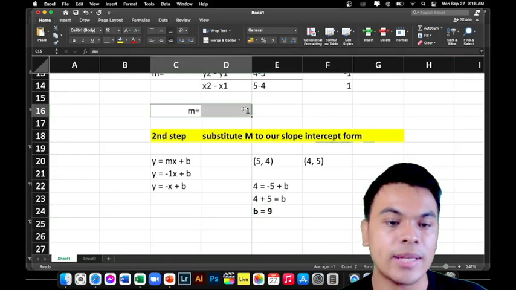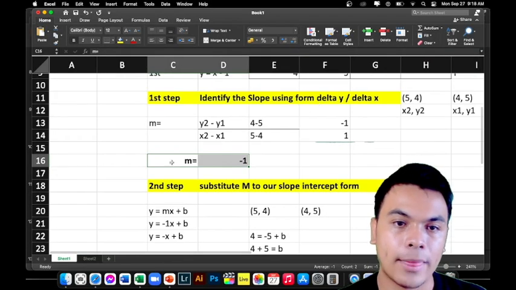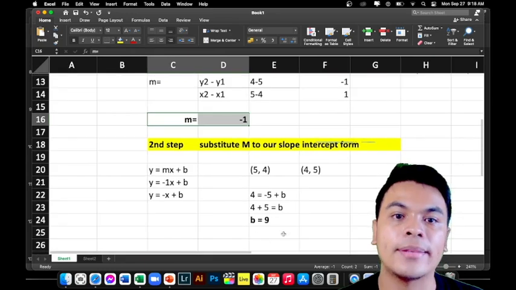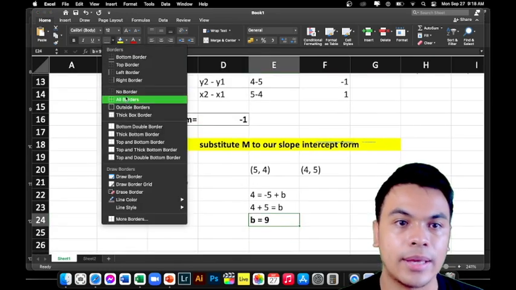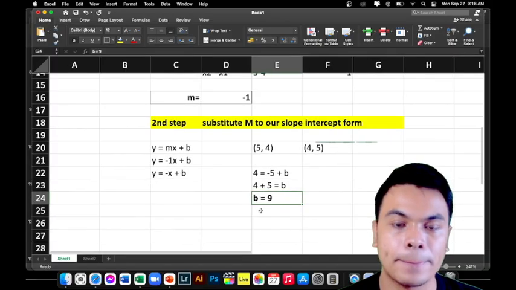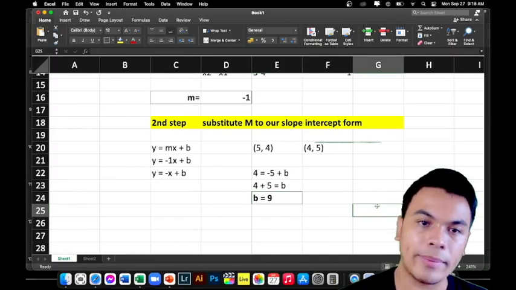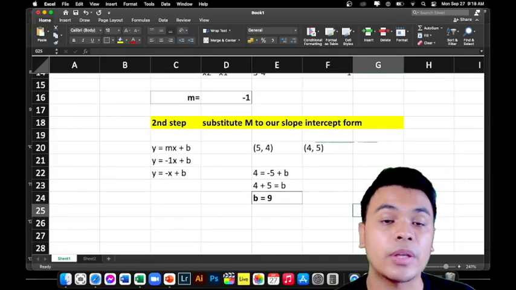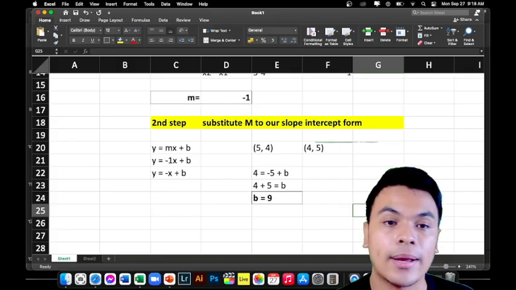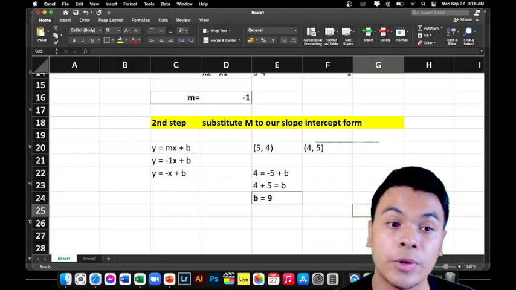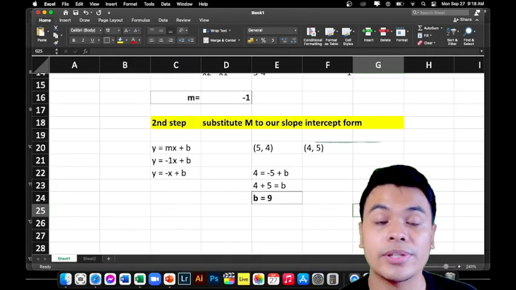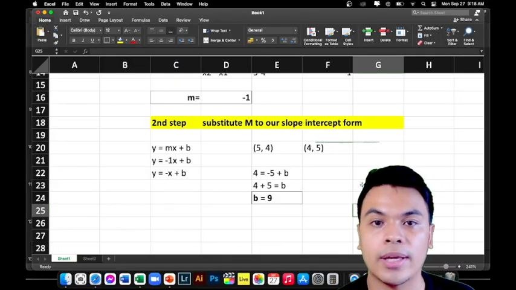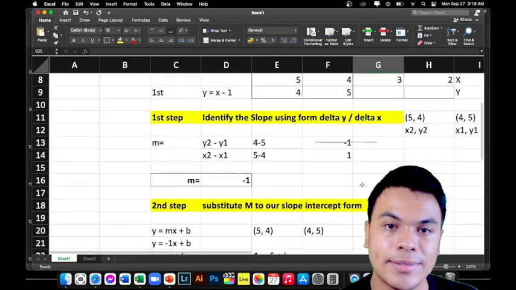So in this lesson, we have identified the slope and the y-intercept. Make sure to remember these steps kasi this is something we are going to do in the examinations. And also, we are going to use these concepts once we go to our supply and demand analysis.